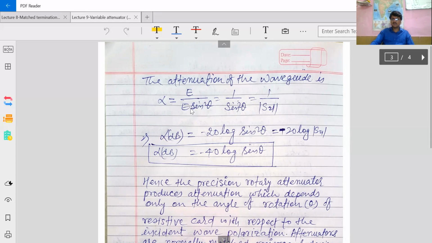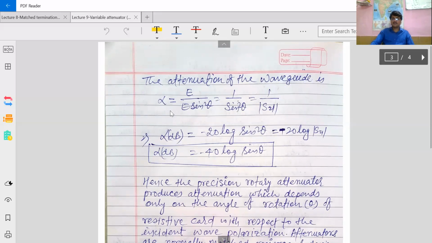It is lesser because sin theta is less than 1, so sin square theta will also be less than 1. So this one is lesser than the upper quantity. Okay, so E and E will get cancelled and it will be 1 upon sin square theta.